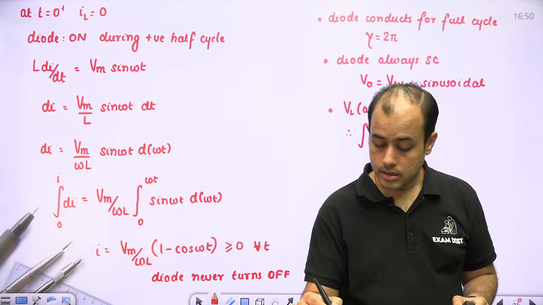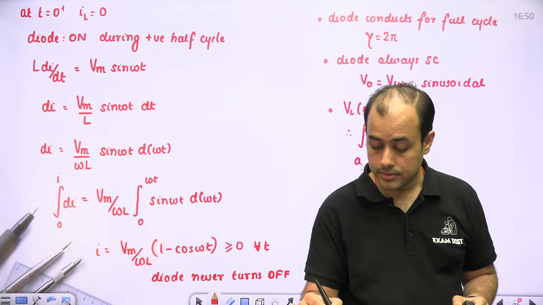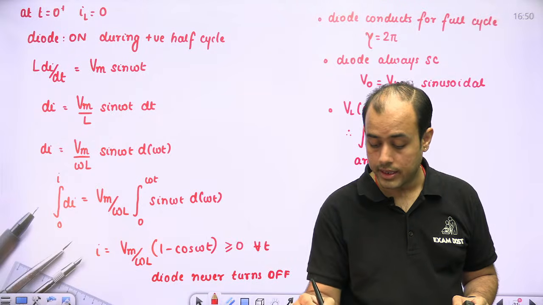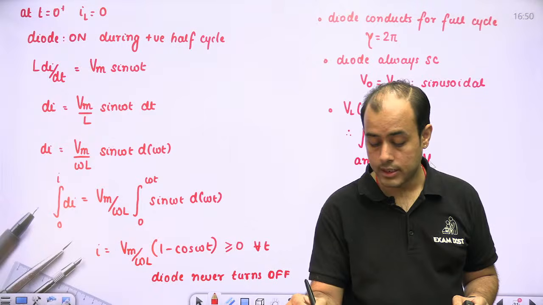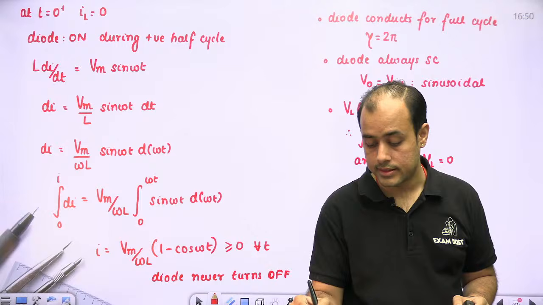Therefore, area under VL is zero. This is called as volt second balance.